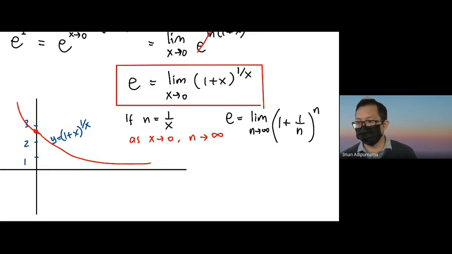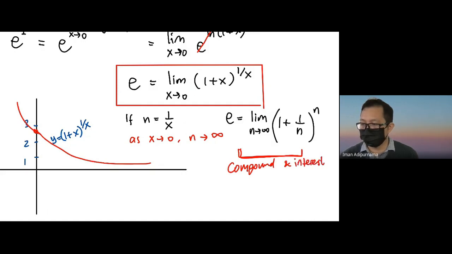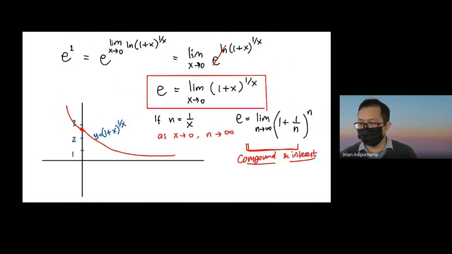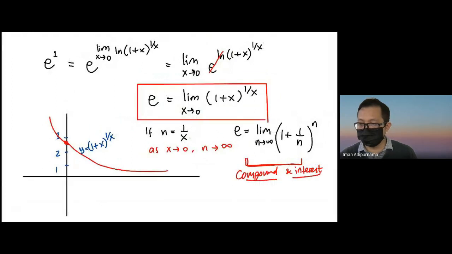I think there's another way to get this e. We can prove this from a compound interest formula, but I think we don't have time today. Maybe later I will show you. And we know that from the graph itself, from this function here, this is e. We get 2.7182818, blah blah blah.